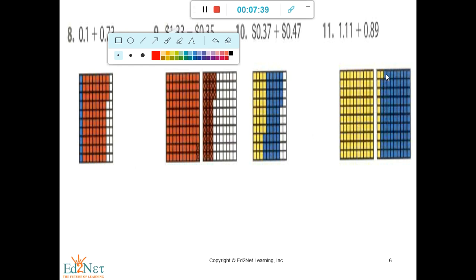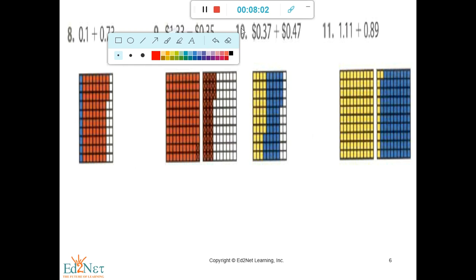So in the second one I shade 11, then I complete the second number, which is 0.89. This means I need to shade 89 hundredths. So where did I reach? Now I completed both of them. So this represents one whole and this one whole. So the answer will be 2.